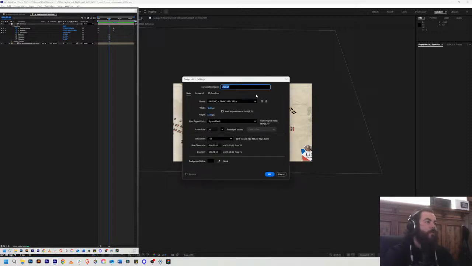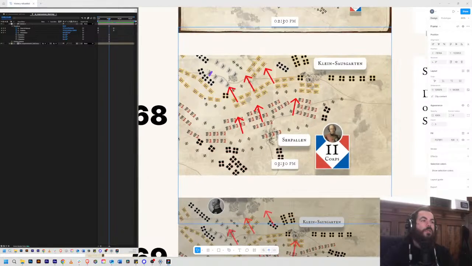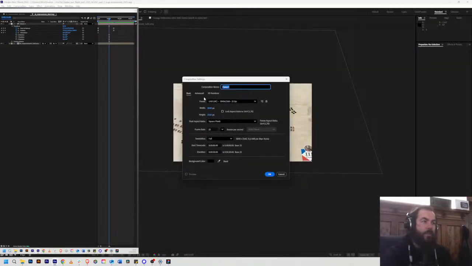We're gonna start by creating a new map movement comp. This is scene 68. So it's gonna be called 68 map movement main comp.